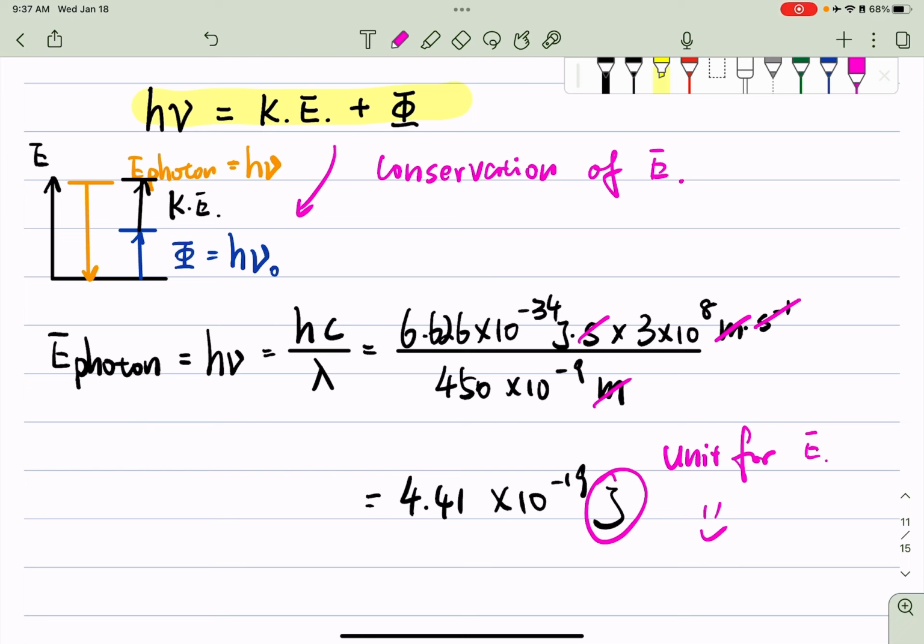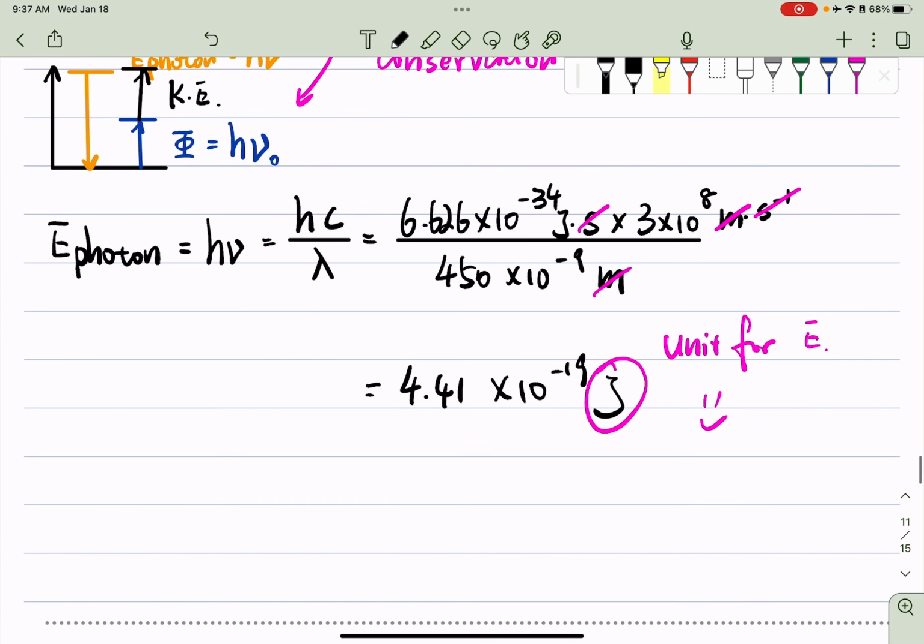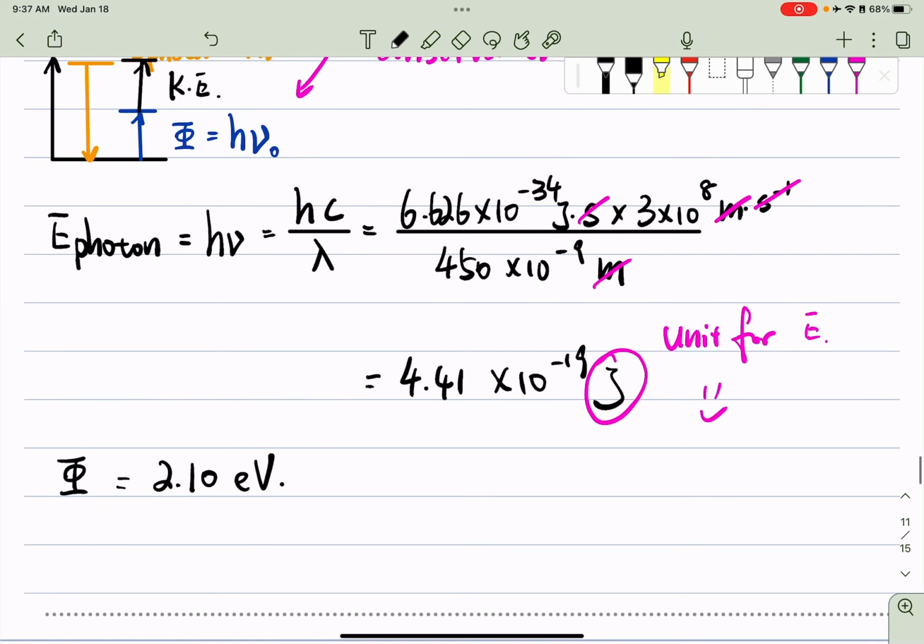So that's the energy of the photon. That's this part. And then we have our work function. The question gives the work function to be 2.10 electron volts, and we need to convert the terms here. 1 electron volt equals 1.60 times 10 to the negative 19 joules. Either you convert the joule into electron volt, or you convert electron volt to joule. It doesn't matter, as long as you keep the units consistent.